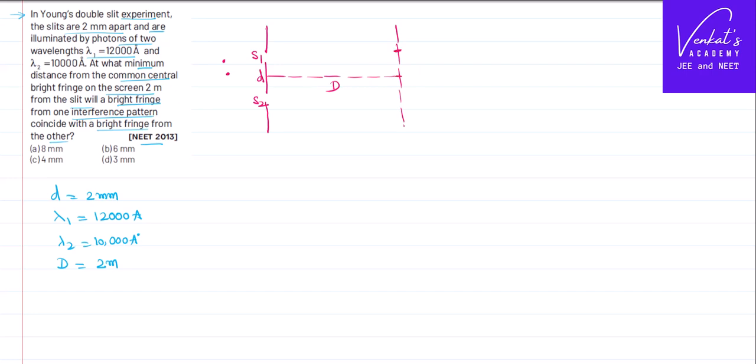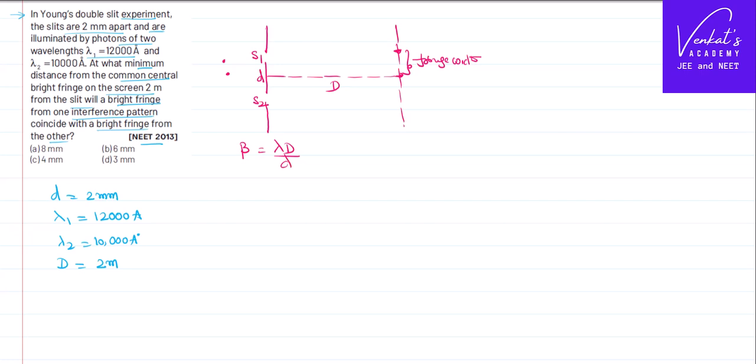So it will be formed at a particular place. If it is a bright spot, then the distance is called the fringe width. And we know the formula for the fringe width as beta equals lambda into capital D by small d.